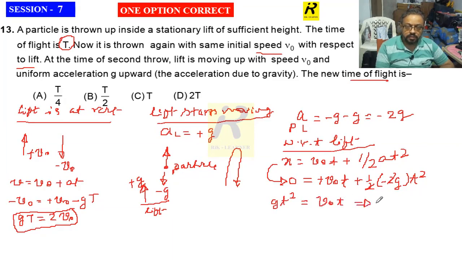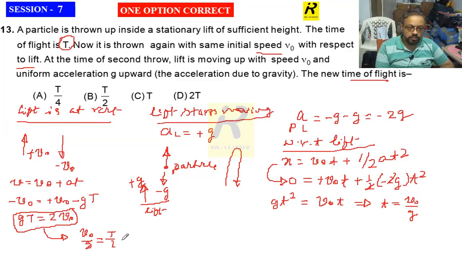Otherwise I can write t is equal to V0 divided by g. It is a constant, V0 divided by g. From here, V0 divided by g is T divided by 2, right?